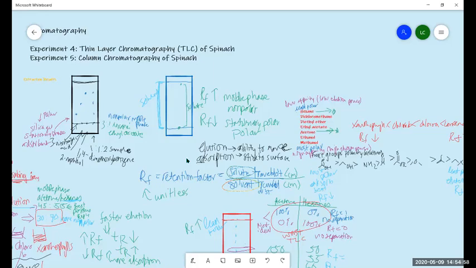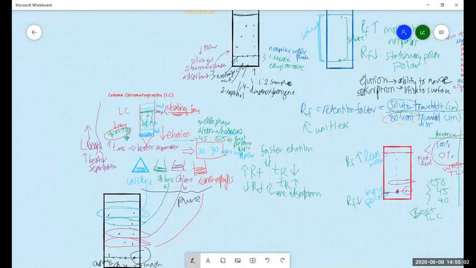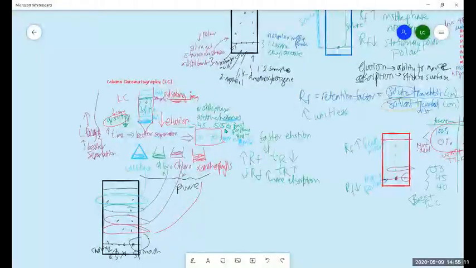Another thing you could do with column chromatography is start out with a less polar solvent and then change to a more polar eluting solvent.